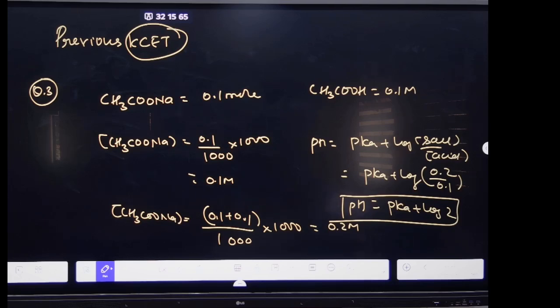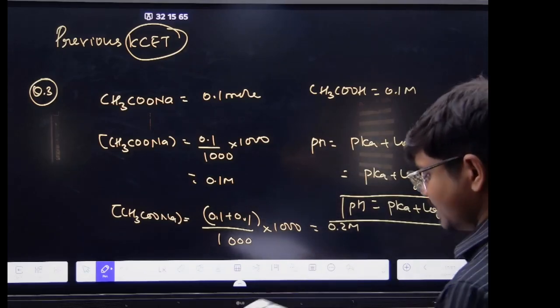Which of the following will precipitate? See here.